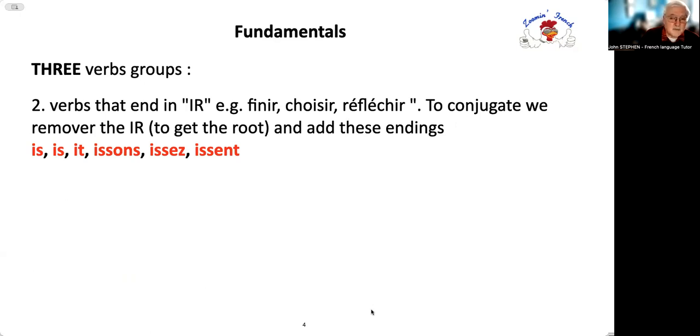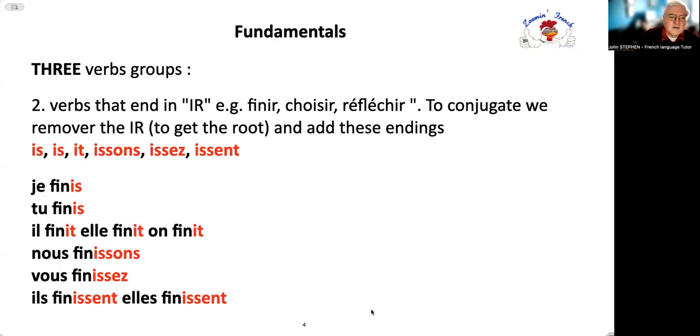And just in the same way as we did with the ER verbs, we remove the IR in this case, and we will get to the root again. And to that root, we add the endings of IS, IS, IT, ISSONS, ISSEZ, ISSENT. So let's have a look at this example verb, finir.